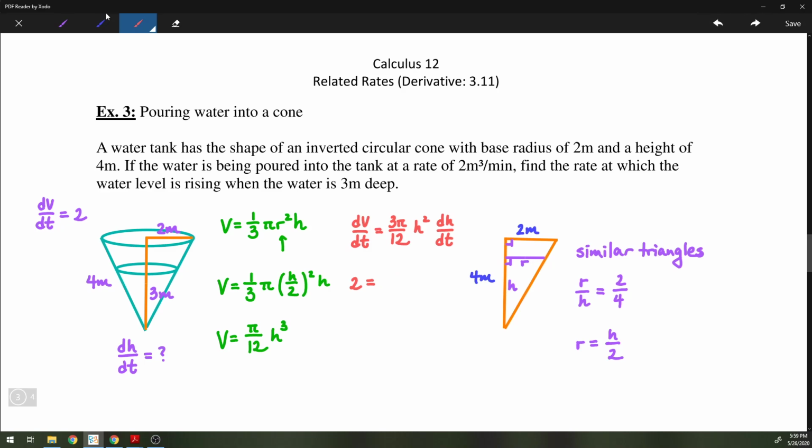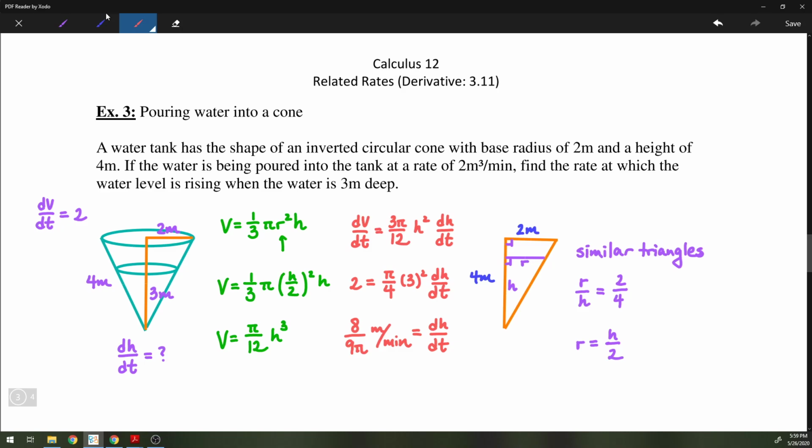This would just be pi over 4. H at that time is 3, so we have 3 squared, and then dH/dt. So really, 8 over 9 pi will be equal to dH/dt. Actually, I should include the units here. That will be meters per minute, which is equal to dH/dt.